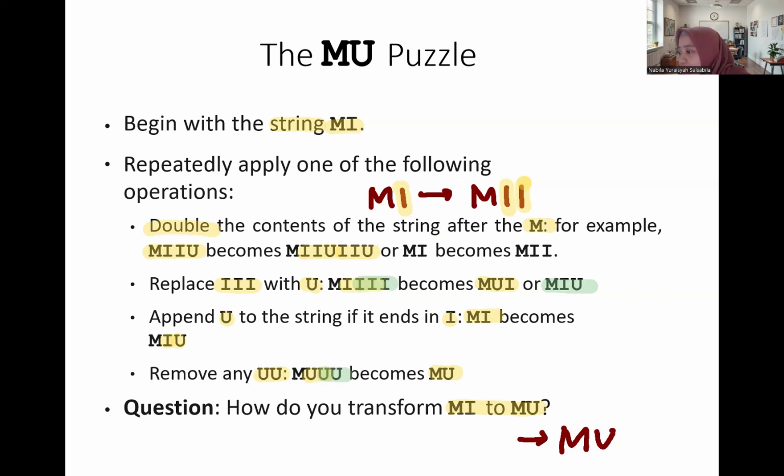Let's see the second operation here. The second operation transforms triple I's with U, which means to get one U, we must get the triple I.